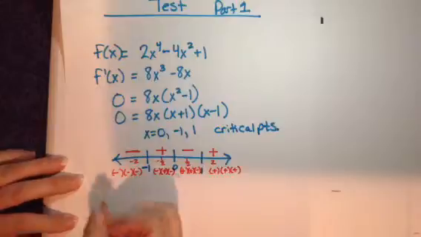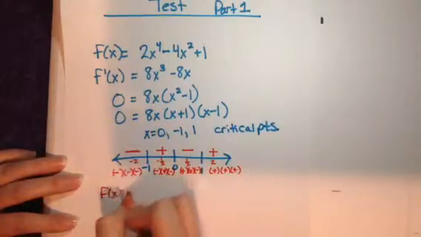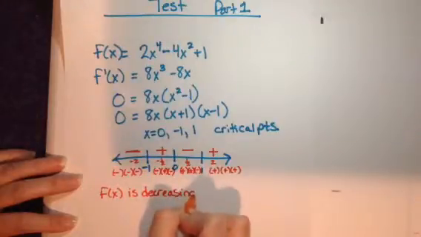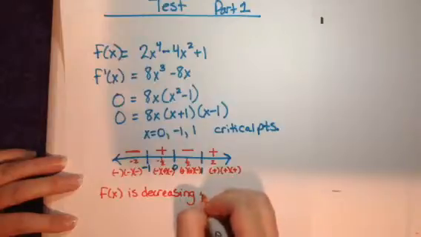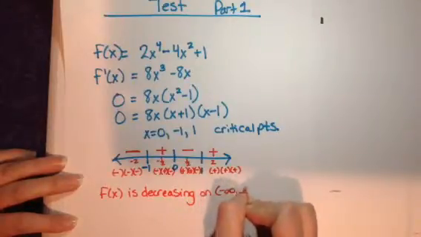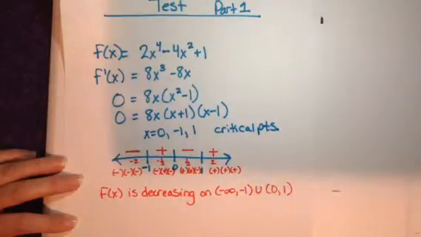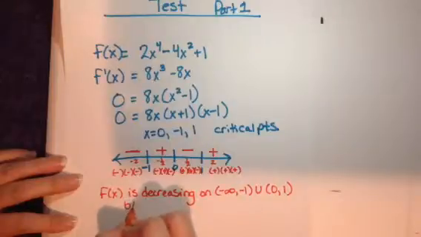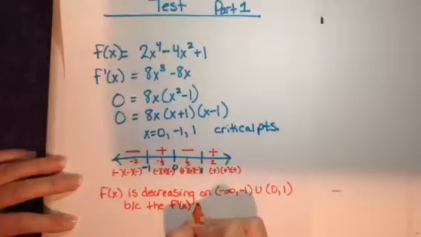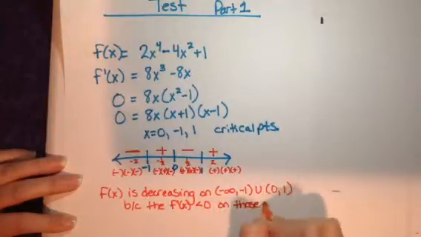All right, so now I know some things about f of x. First of all, f of x is decreasing on the interval negative infinity to negative 1, union 0 to 1, because the derivative is less than 0 on those intervals.